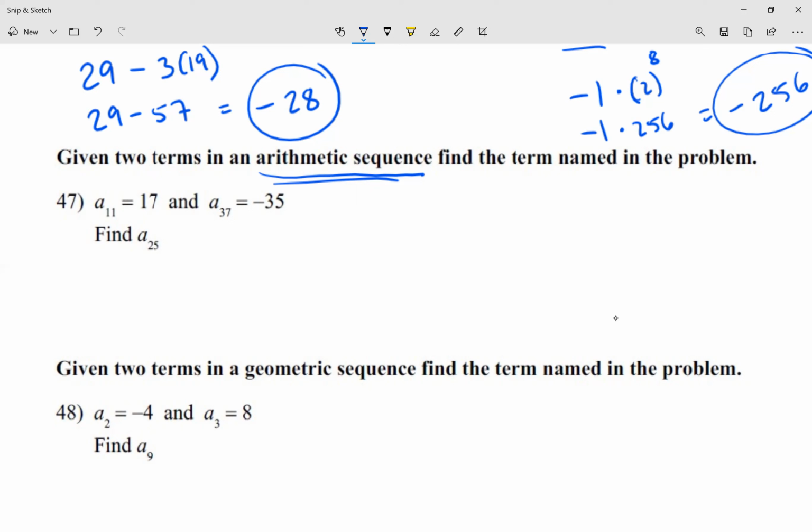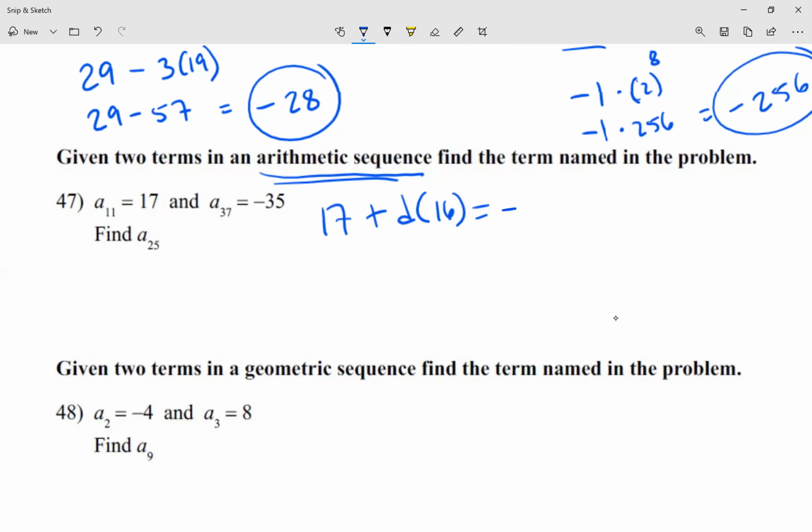Somewhere in between. So I'm going to use my 11th number and my 37th number to find what do I add or what do I subtract? I need to find my pattern. So I'm going to do 17 plus D. Let me call the difference, like how much I add or subtract, 16 times.